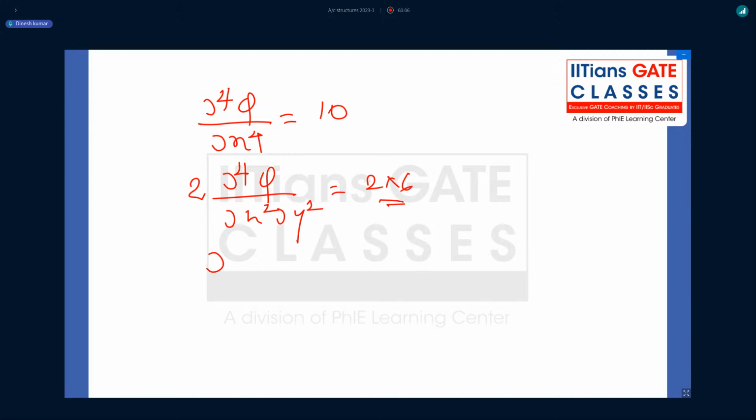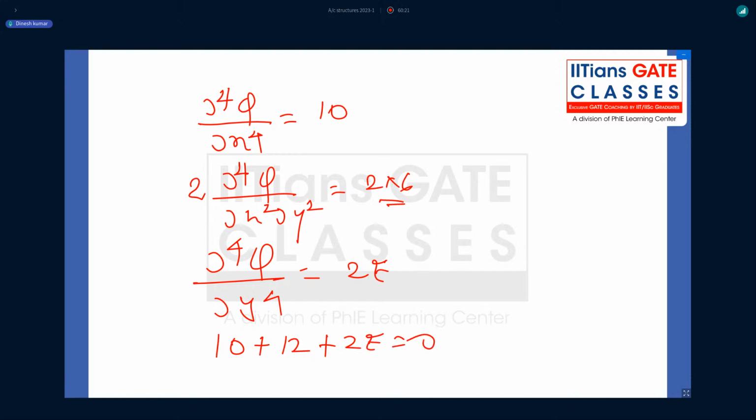And last, when you differentiate with respect to y four times, we get 2e. Now the equation is 10 plus 12 plus 2e equal to 0. So what is the value of e, Mr. Varshan? E will be coming as minus 11.